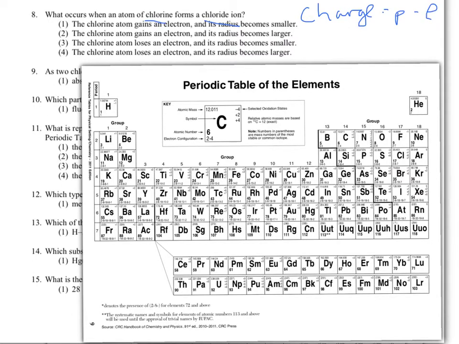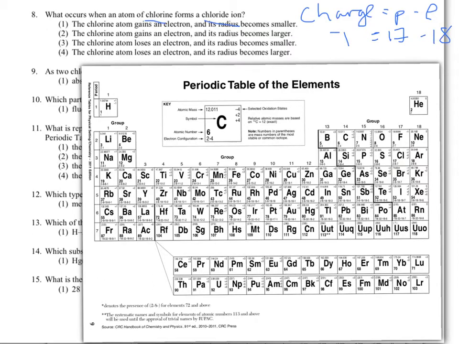Now, chlorine, the ion, has a charge of -1, and chlorine's atomic number is 17. In order to accomplish this, that means that a chlorine ion must have 18 electrons.